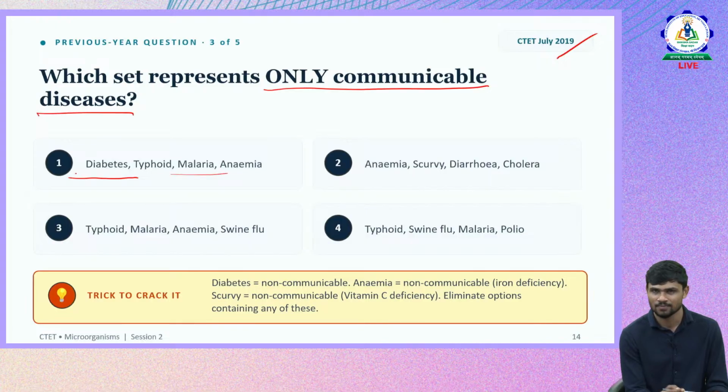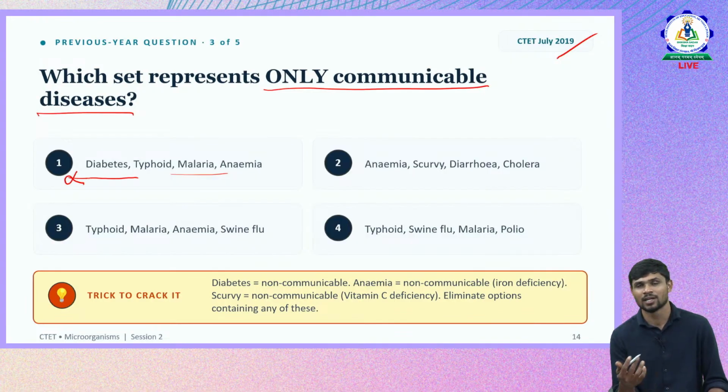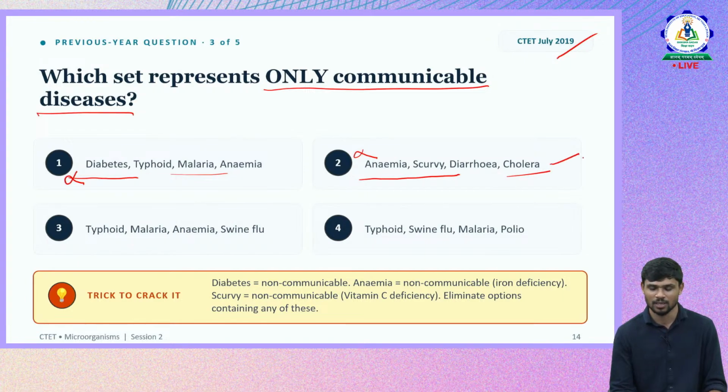Diabetes is because of inappropriate insulin production and unregulated blood sugar levels, so that is wrong. Then anemia, scurvy, definitely not, because they are due to disorders and deficiencies. Whereas cholera is a communicable disease.